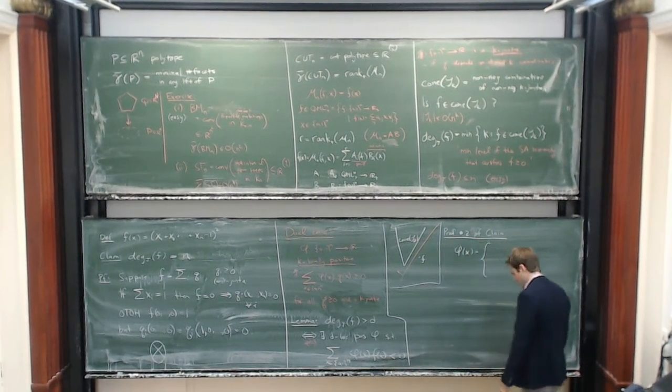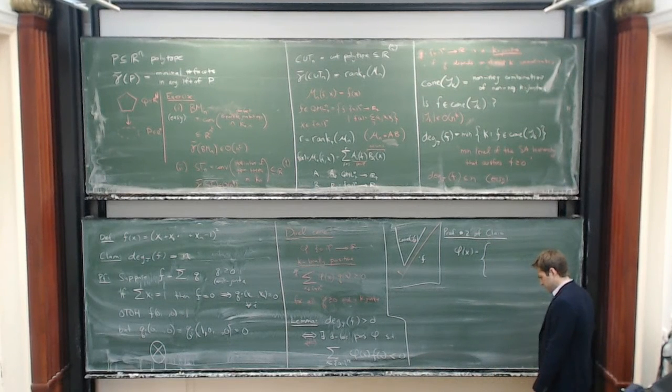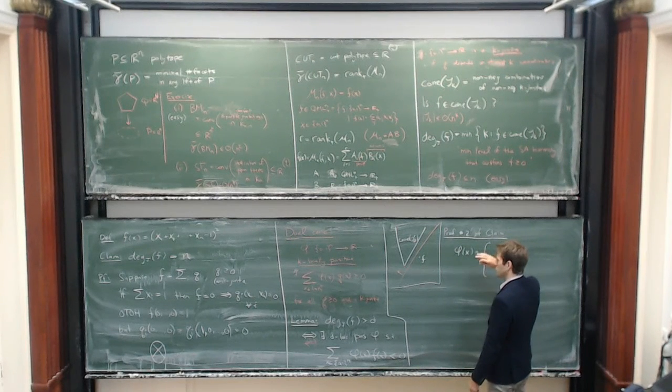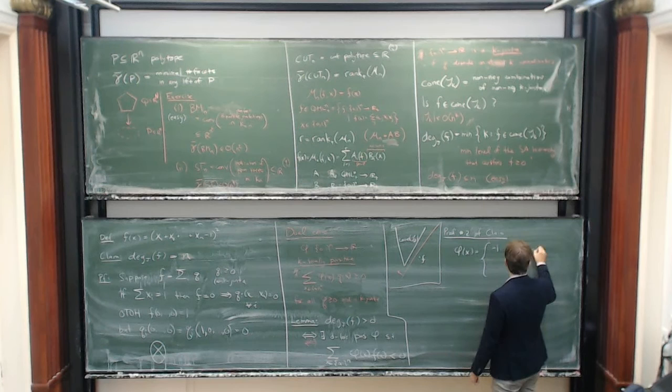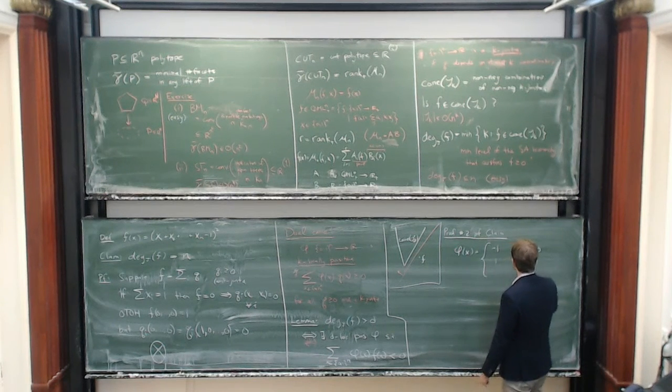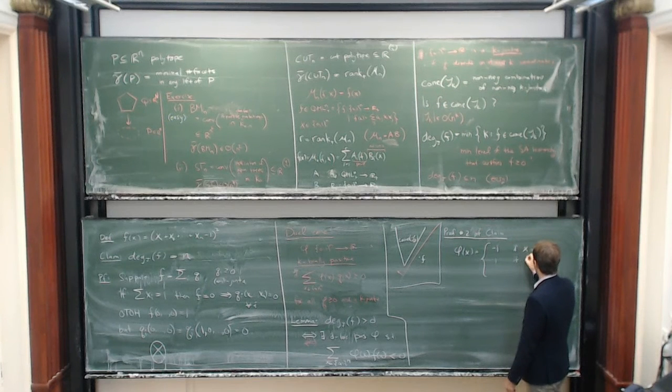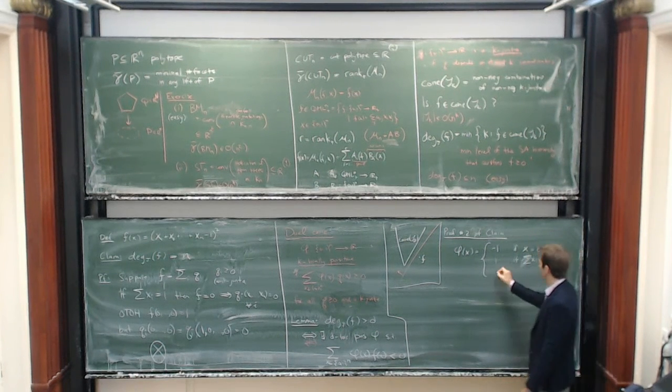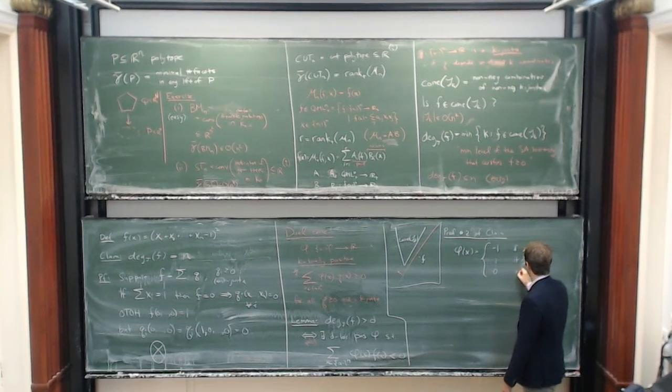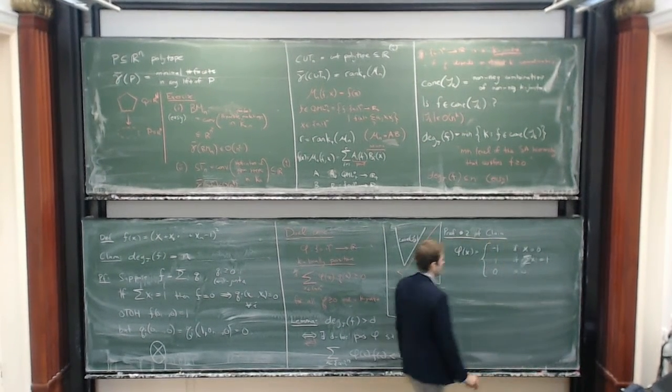It's going to be -1 if x equals 0, 1 if there's exactly one bit equal to 1, so if the Hamming weight is 1, and 0 otherwise. Okay, this is the functional.